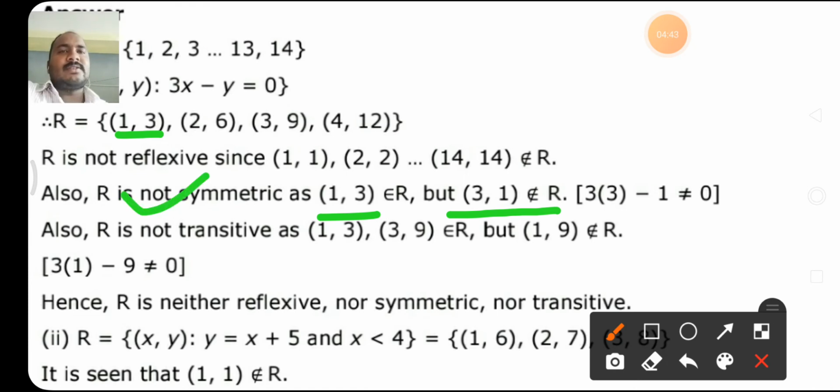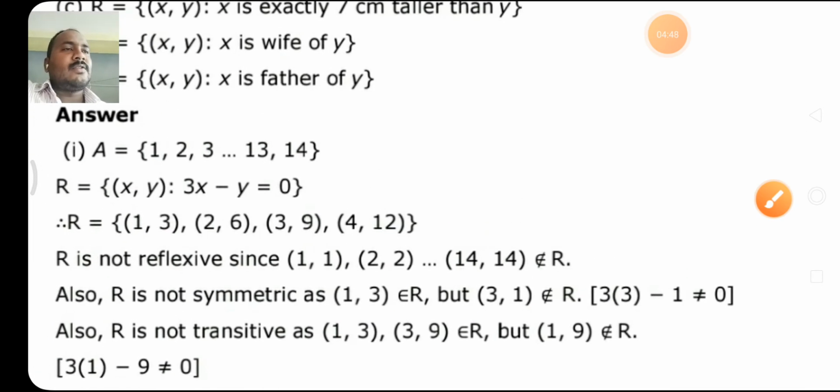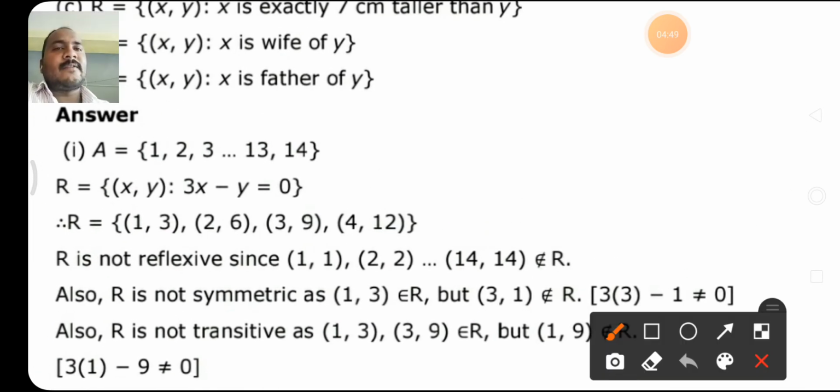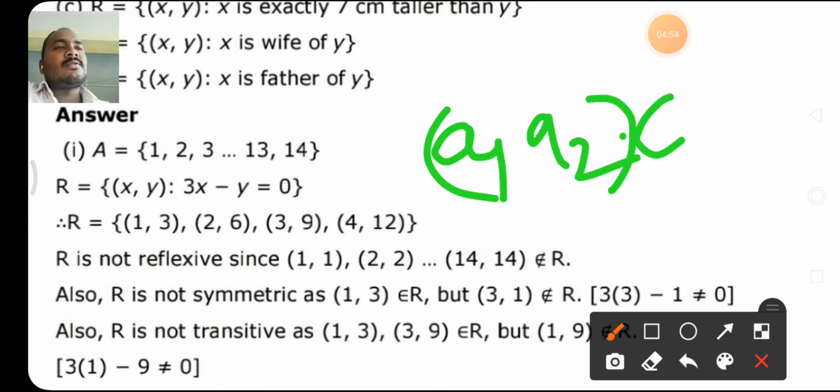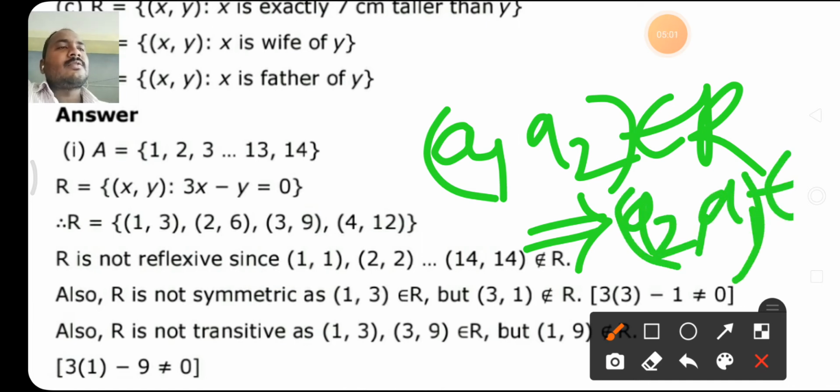We know the definition of symmetric: (a1, a2) belongs to R implies that (a2, a1) belongs to R.